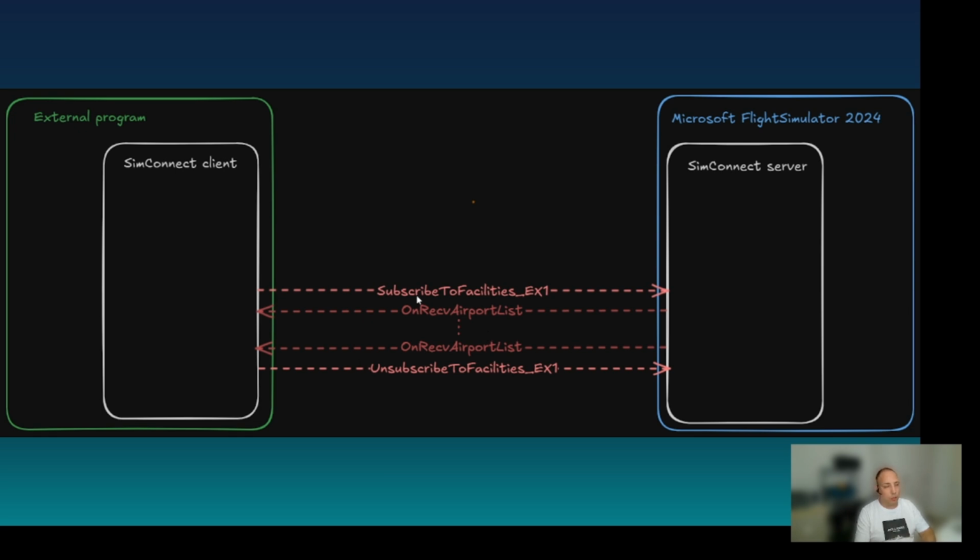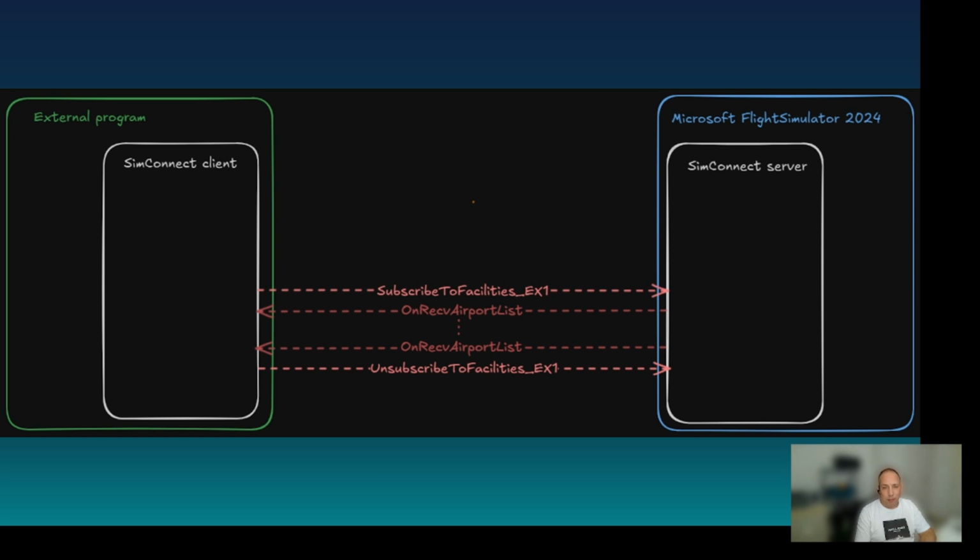So the first call will have a big list, and then as the player moves, its reality scope might change, and it will send new events to let you know about that. And when you no longer want those updates, you call unsubscribe to facilities _ex1, and it obviously stops sending these events. Simple enough.